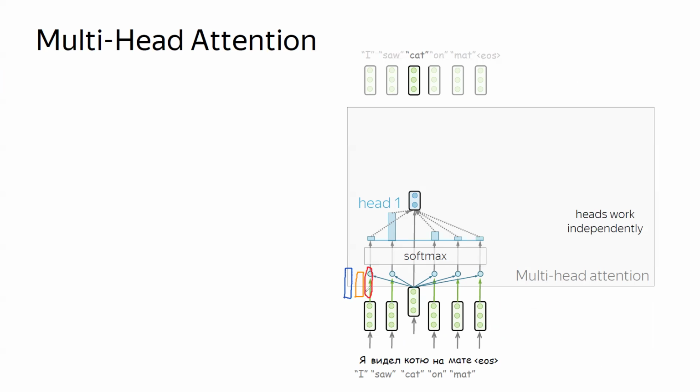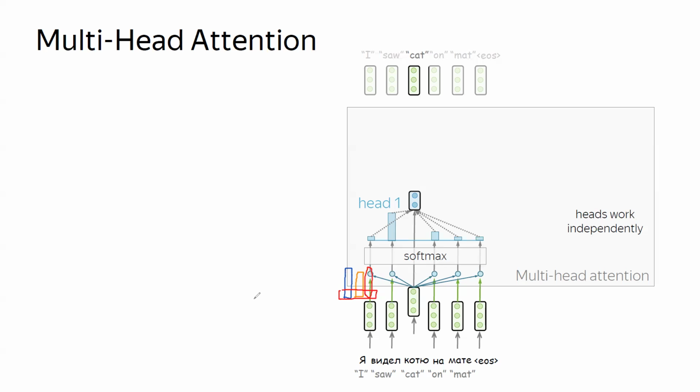Instead of using the entire embedding for self-attention, we can use just a part of this embedding. This part is called a head. For example, on the first step, I will use only this part for self-attention.